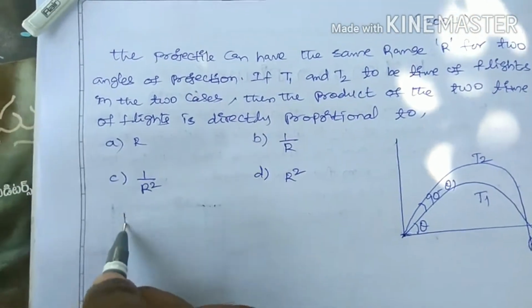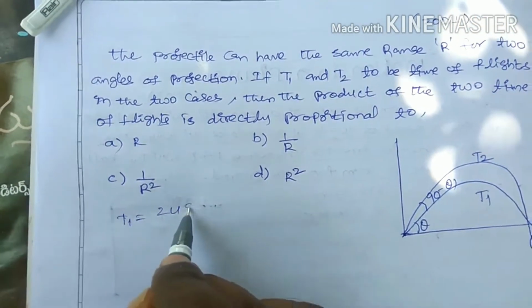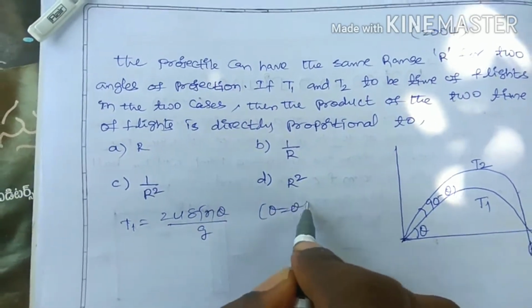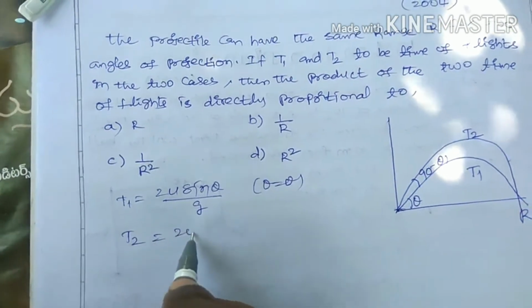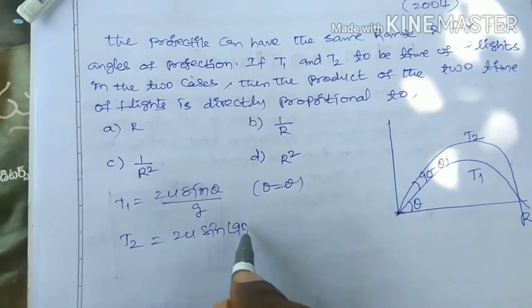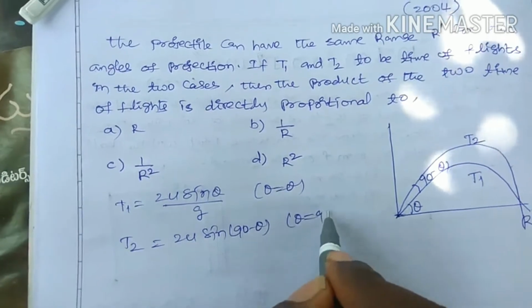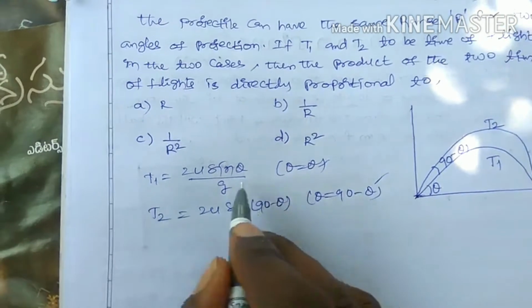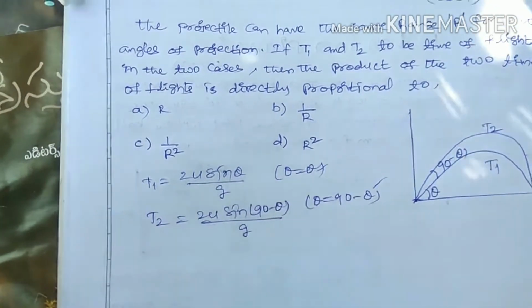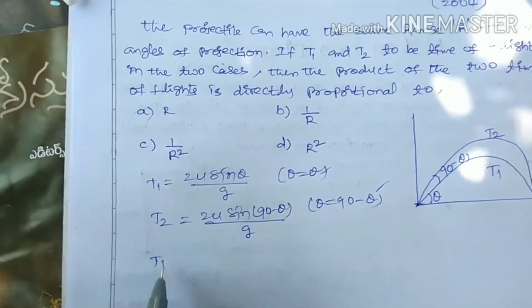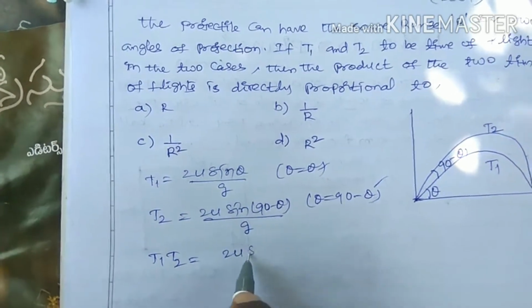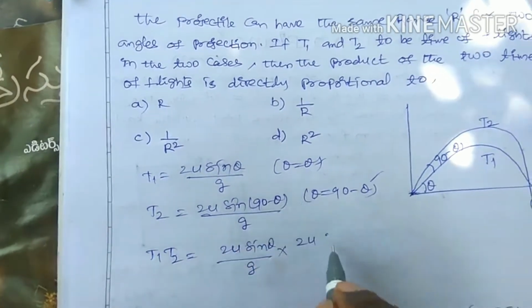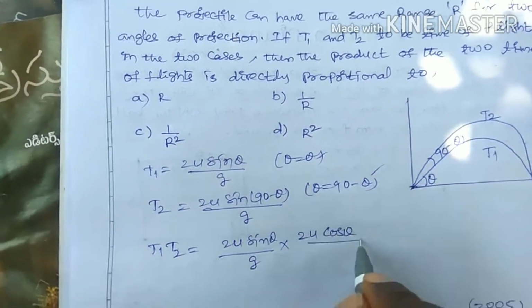Here t1 is 2u sine theta by g, for the angle theta, and t2 is 2u sine of 90 minus theta by g, for the angle 90 minus theta. These are the two angles for which the range is common. So t1 into t2 is equal to 2u sin theta by g into 2u sin 90 minus theta, which is cos theta, by g.